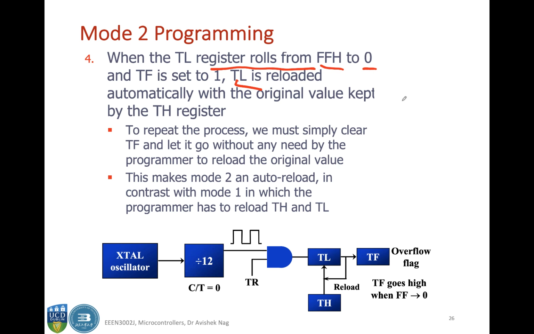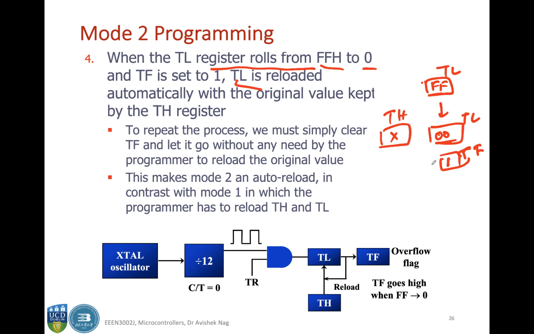So let's say this is your TL, it rolls from FF to 00, okay. The moment it does so, your TF flag is set to 1, and then your TH, which was containing X, reloads this X here, okay, and it becomes X again, and then it starts counting again.